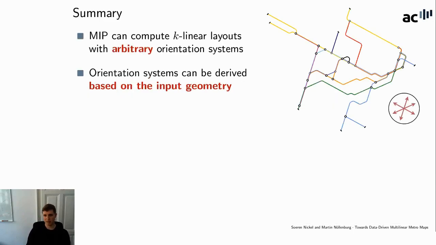This brings me to my last slide. And in summary, we have seen that we can use a mixed integer program to compute k-linear layouts with arbitrary orientation systems. We can derive orientation systems based on the input geometry, even though there is definitely work still to be done to find a better way to actually achieve this.